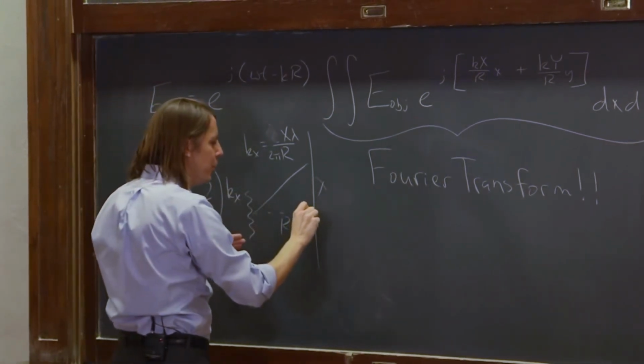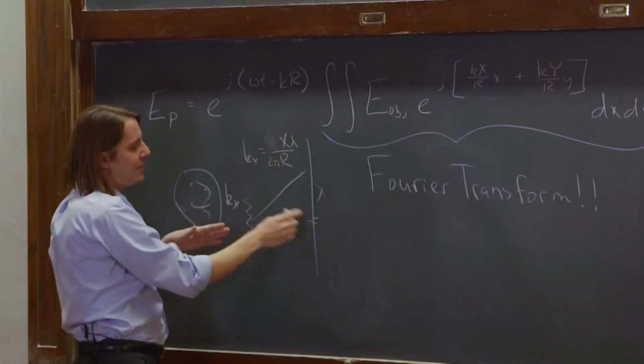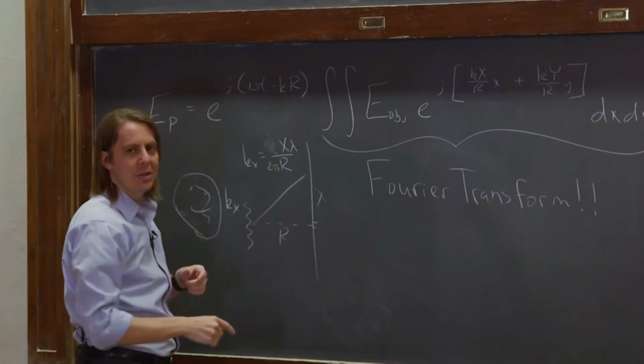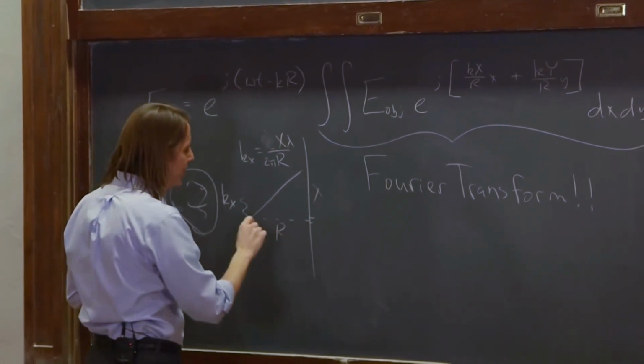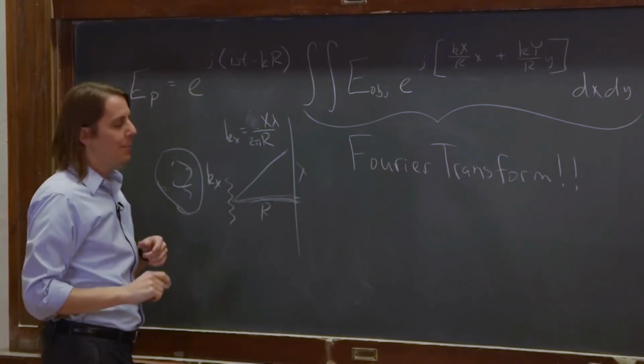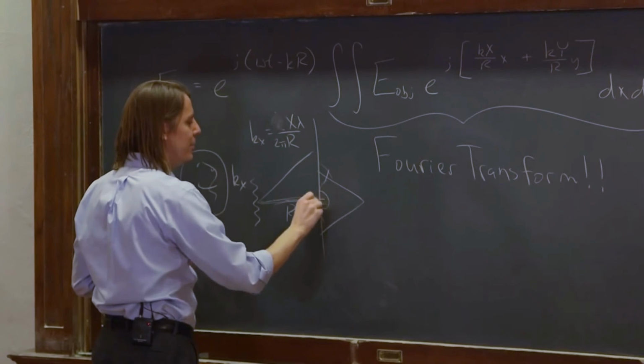And if your little pinhole is not catching it, if it doesn't see that information, then it doesn't record it. And that sharp spatial frequency will not be in the image. The image only has the spatial frequencies that fit into the pinhole. But it's not just true for a pinhole. If you have your eyeball here, your eyeball has a limited pupil, right?